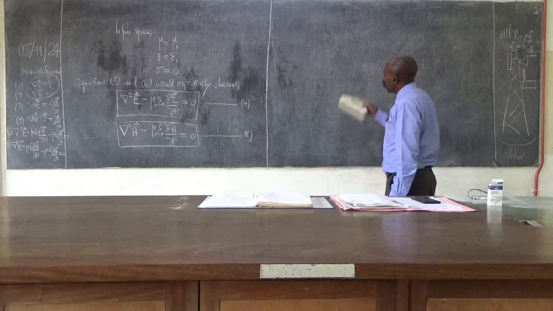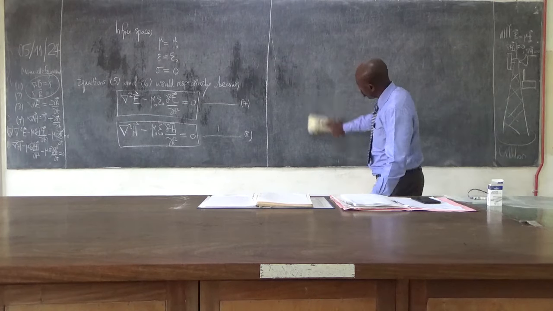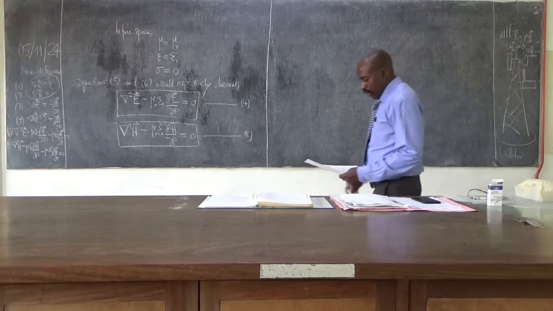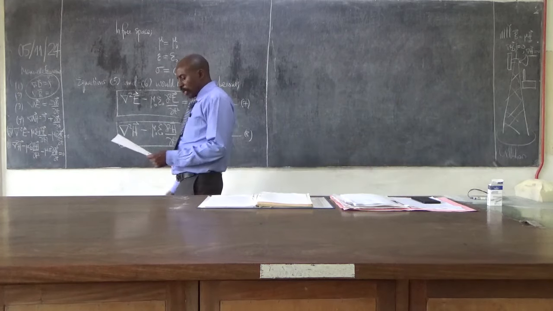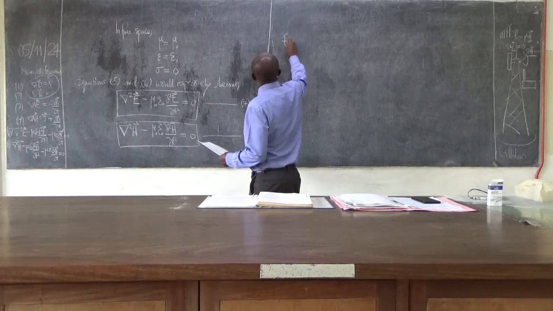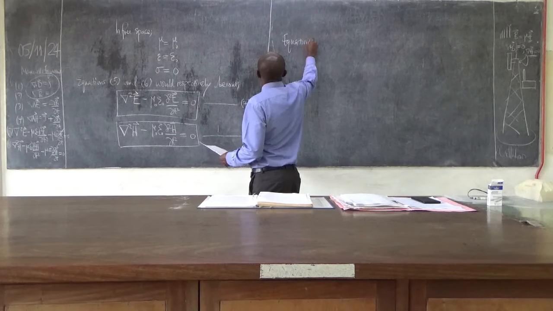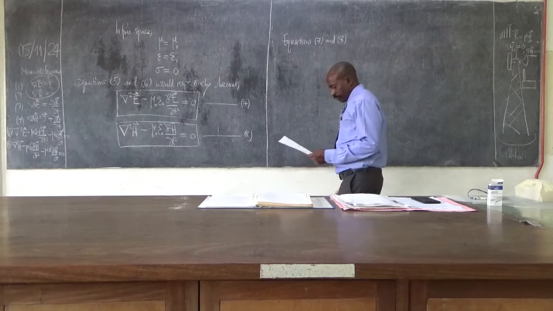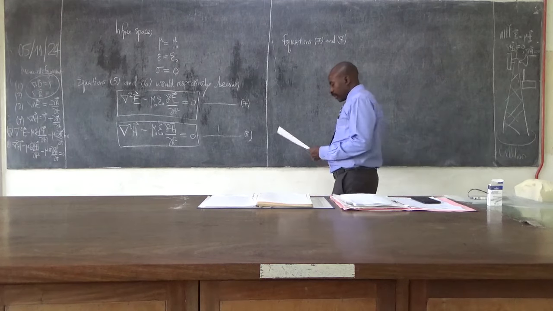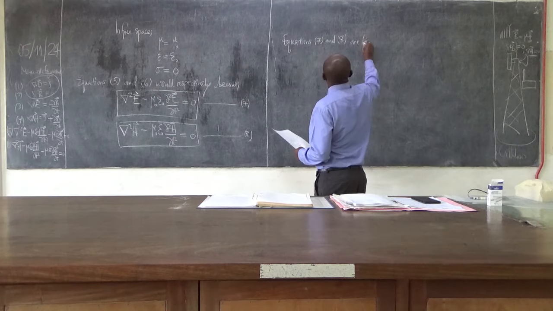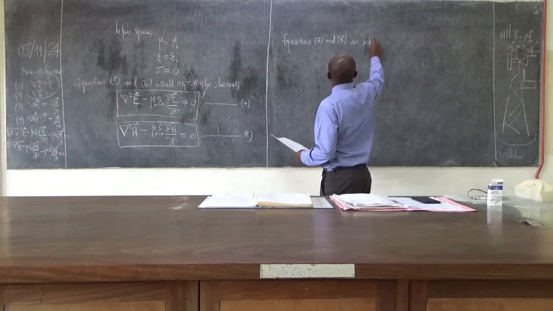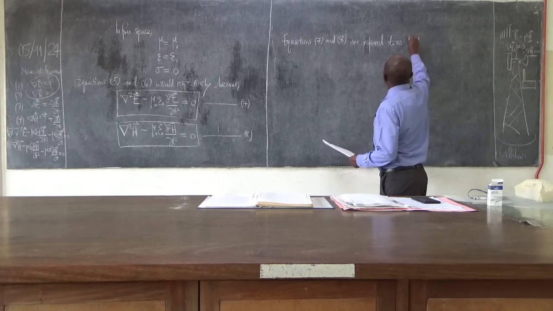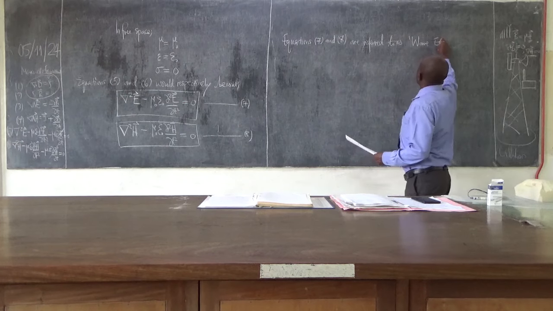Some media have conductivity, for example water. So the equations 7 and 8 are referred to as wave equations.